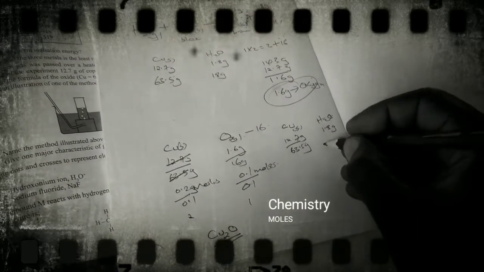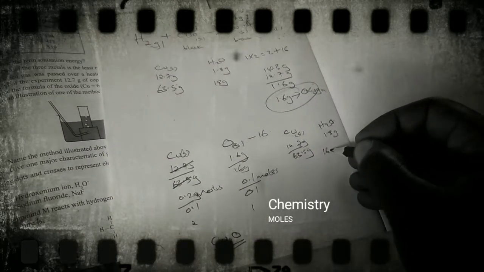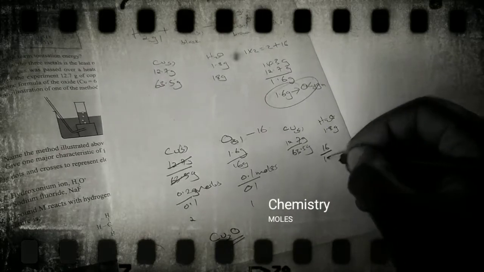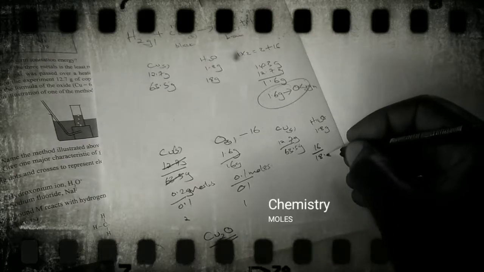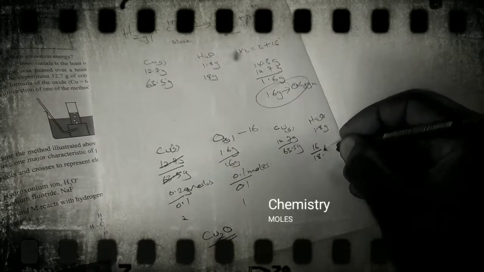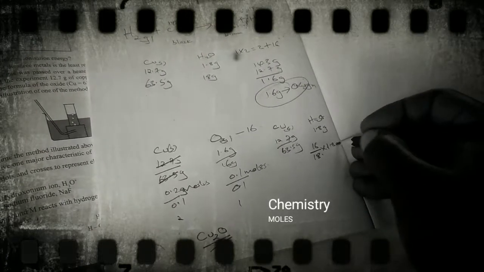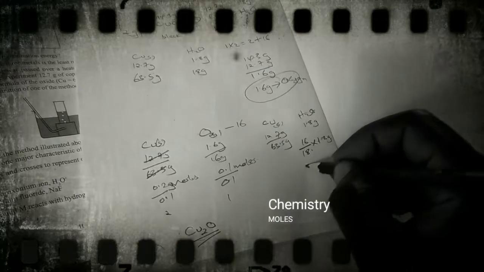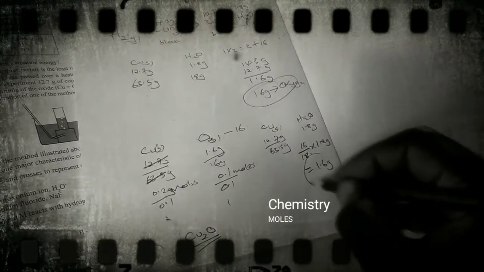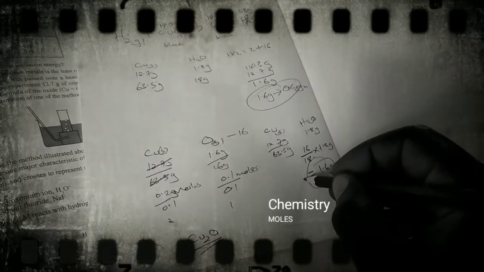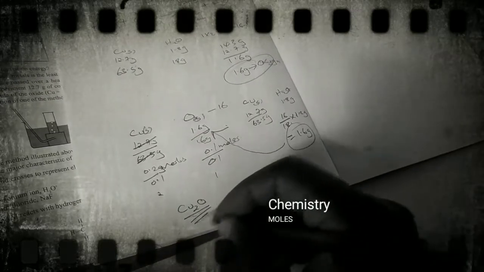So for oxygen will be relative atomic mass of oxygen over the total, that is the relative molecular mass of water, then multiply by 1.8 grams. So you'll get 1.6 grams. Then from here you're in a position now to calculate the same using this way, and the oxide you'll form is this.